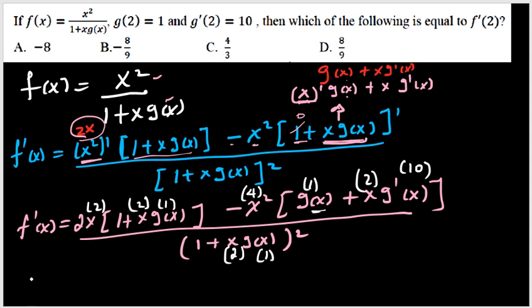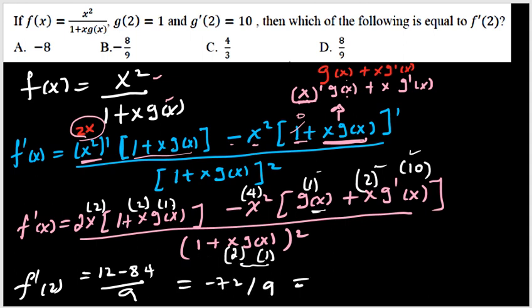So finally f derivative at 2 will be, here 2 times 1, 2 plus 1, 3 multiplied by 4, that is 12, minus 2 times 10, 20 plus 1, 21 times 4 is 84, the whole over 9, the lower part 2 times 1, 2 plus 1, 3, squared. The difference will be negative 72 over 9, so it will be negative 8. The answer is going to be A.